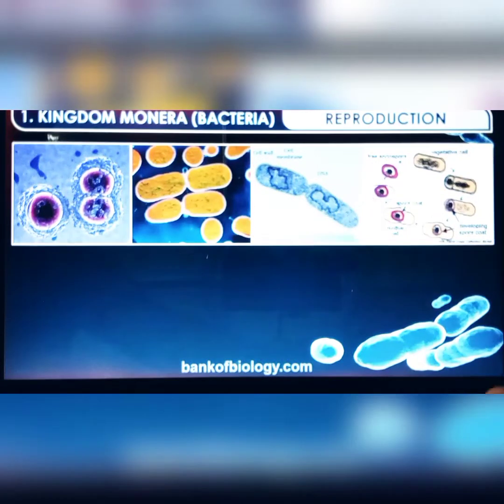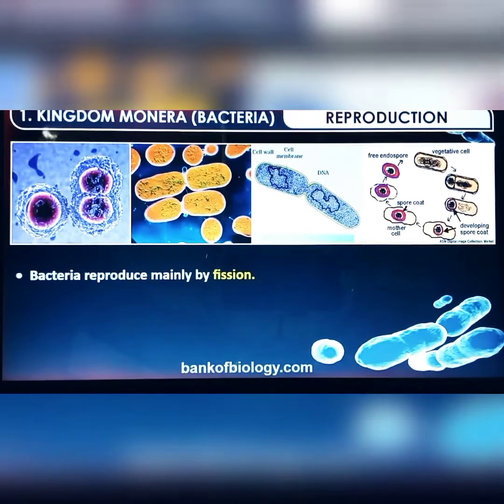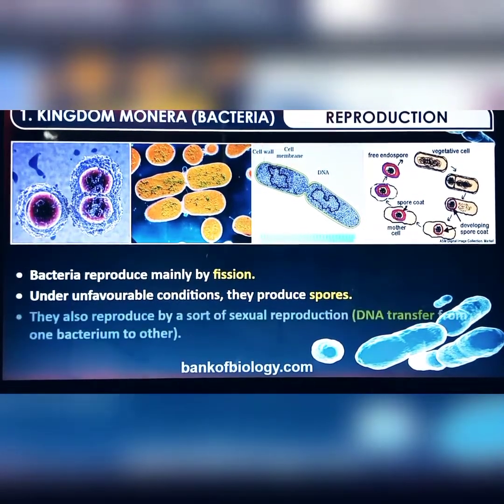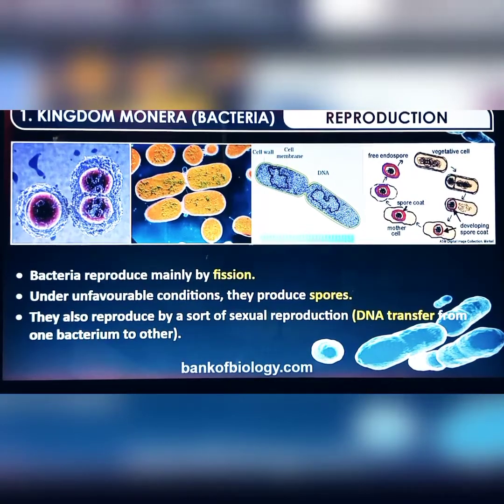So this is all about Monera, and let's talk about Monera reproduction. They can divide with a dual mode of reproduction: asexual as well as sexual. Binary reproduction is mainly by fission. They can divide into two parts and produce a new organism.